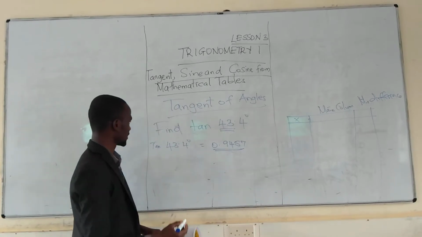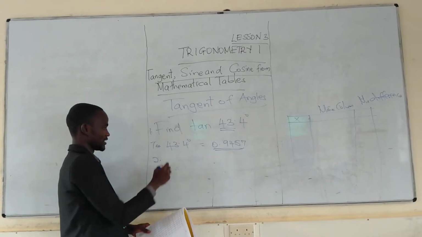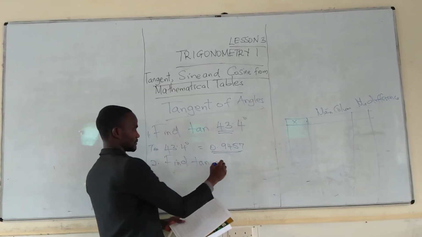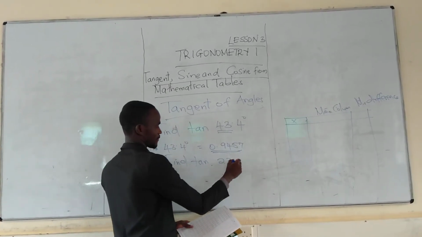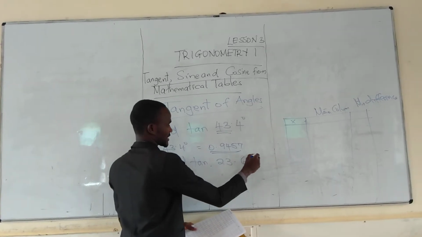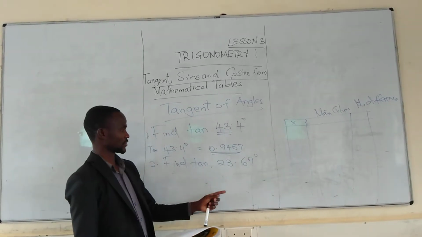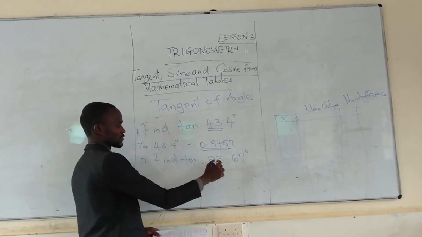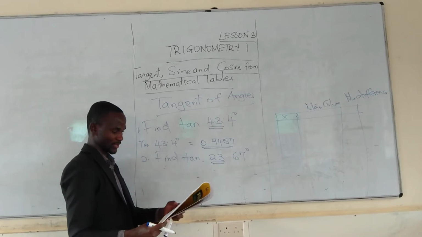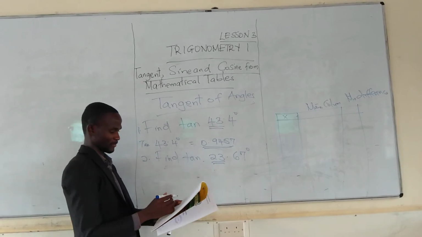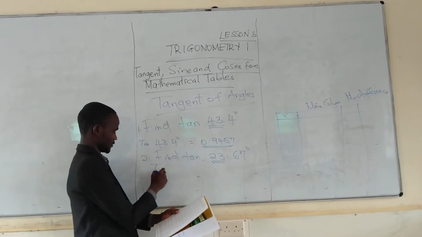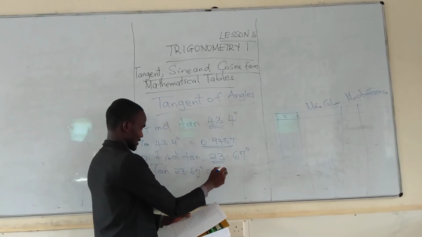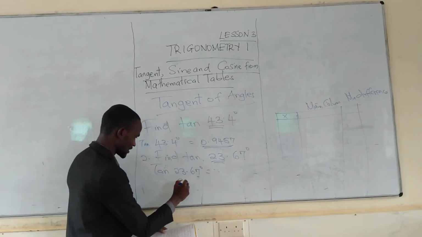Let's say for another one, you are finding tan 23.67 degrees. The same procedure, we go to row 23. So basically 23.6.